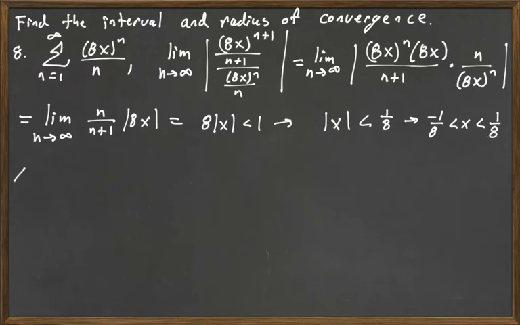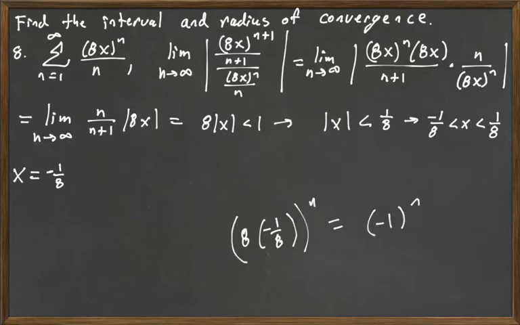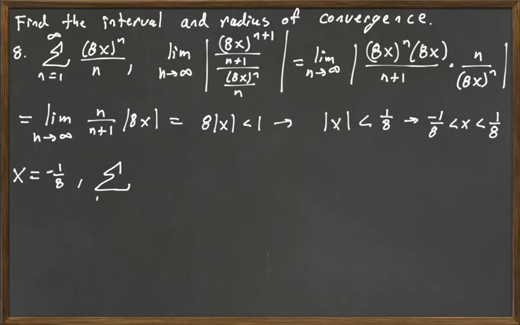In this series here, we actually can pretty easily determine whether it converges at an endpoint. So if x is equal to negative 1/8, you're going to have 8 times negative 1/8 to the n. That's going to give you negative 1 to the n. So our series becomes the sum n equals 1 to infinity of negative 1 to the n over n.